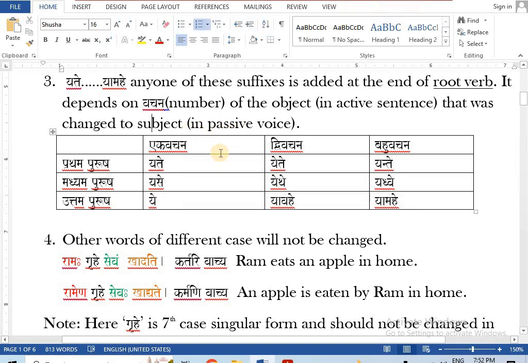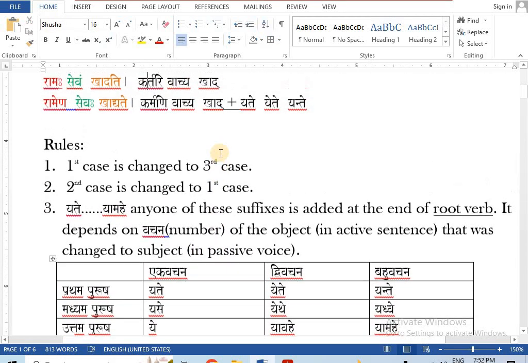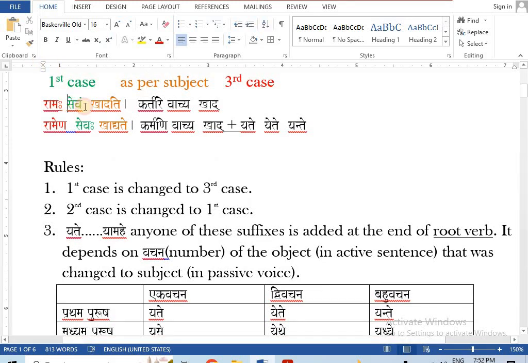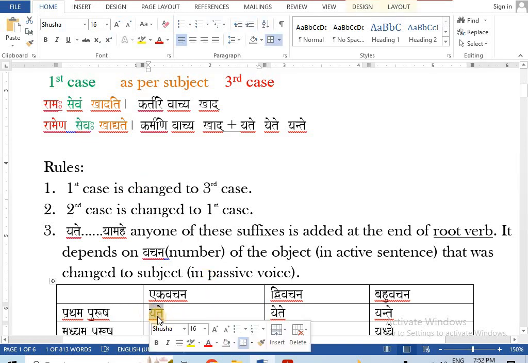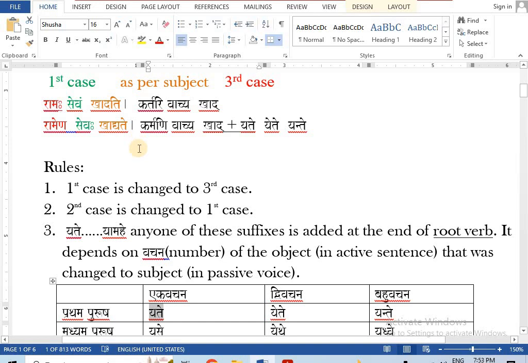So in this sentence, sevam, which was the object in active, is now converted to the subject as first case in the passive voice sentence. So what is the vachan and purus of this seva, meaning the person of this seva? Seva is ekavachana and purus is pratham purus. So that's why we added yate here, khadyate.